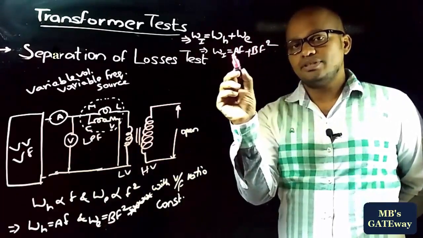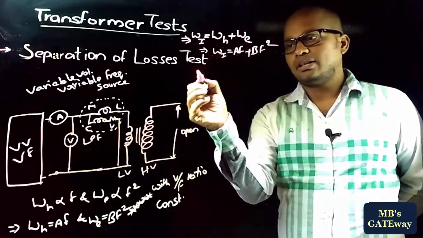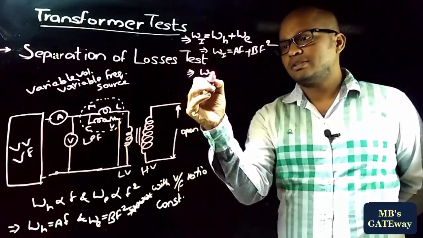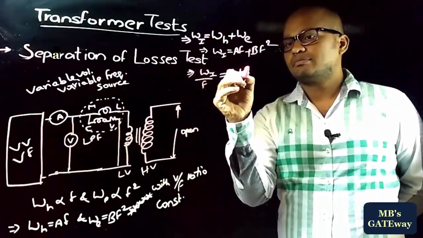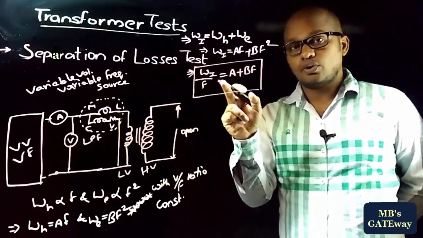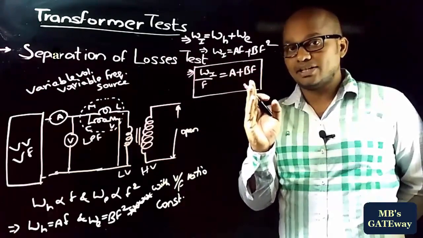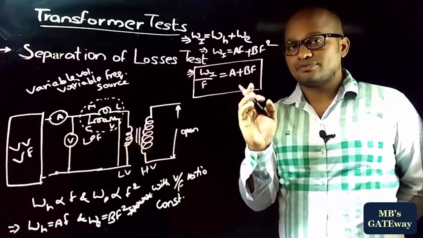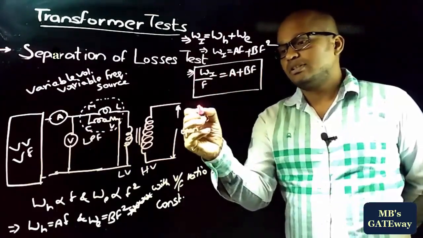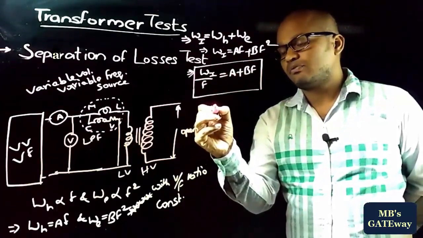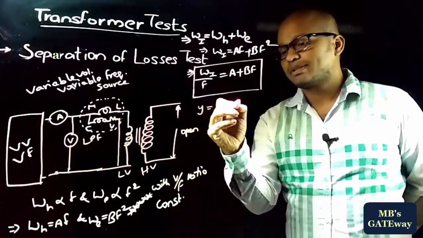Take F common from this and bring that to left hand side, which implies Wi by F is equal to A plus B into F. This is the important relation to know how to find the eddy current losses and hysteresis losses from iron losses. And if you observe this equation, this is similar to that of y is equal to mx plus c.